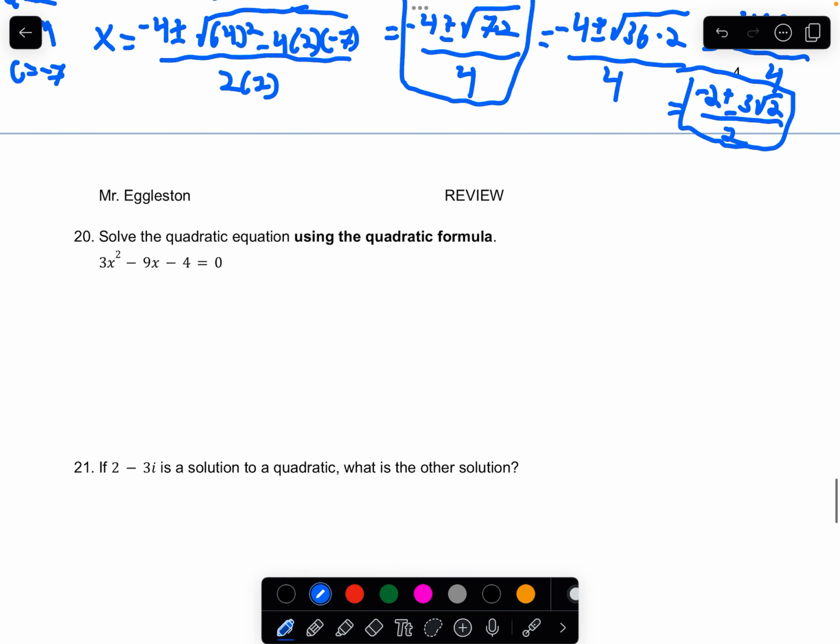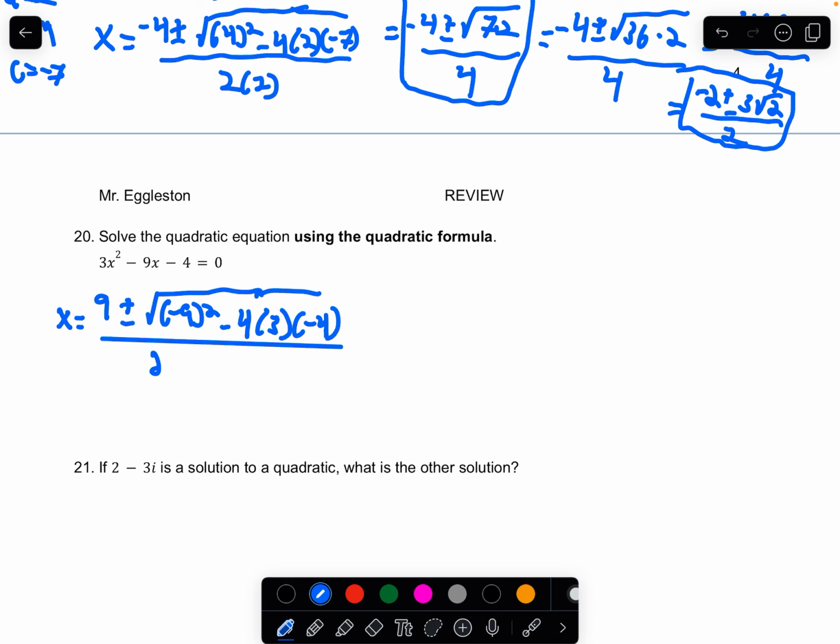On the next one, using the quadratic formula again, X equals the opposite of B plus or minus the square root of B squared, notice I'm using parentheses, minus 4AC, all over 2A. Okay, that is 9 plus or minus the square root of 81. 4 times 3 is 12, times 4 is 48, that's plus 48, over 6.